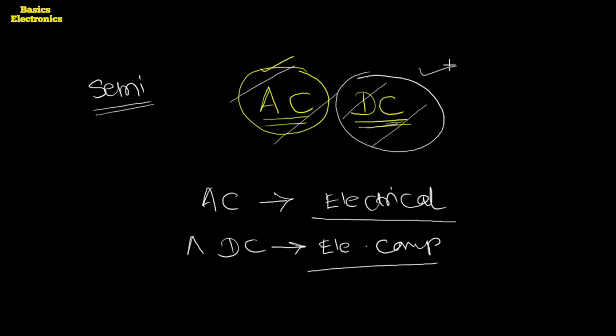Now if we consider the example of the laptop, inside the laptop there is a battery. That battery gets charged, or we can directly operate the laptop using the supply.